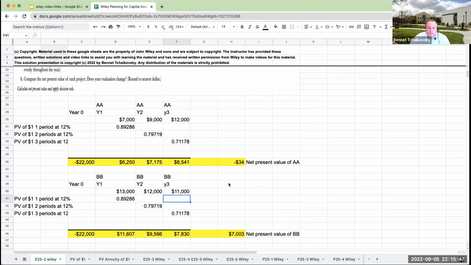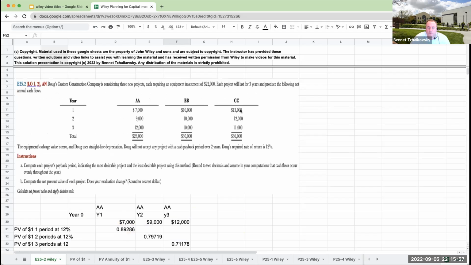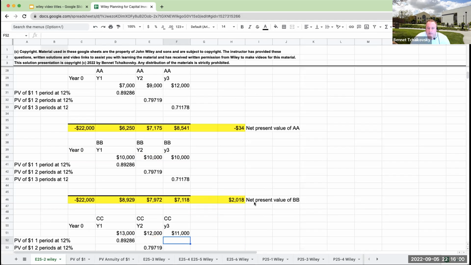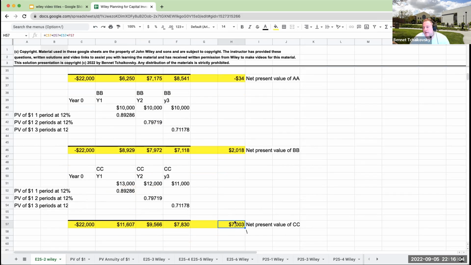Okay, so 13, 12, and 11. And so now we have a present value over here of 7,003.